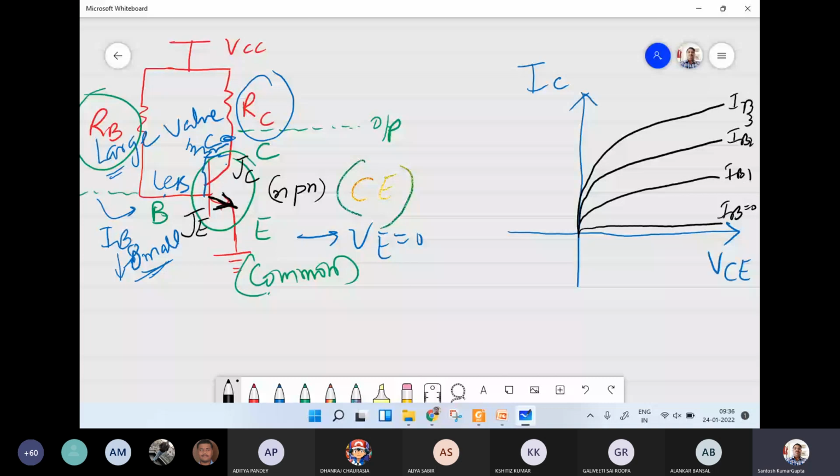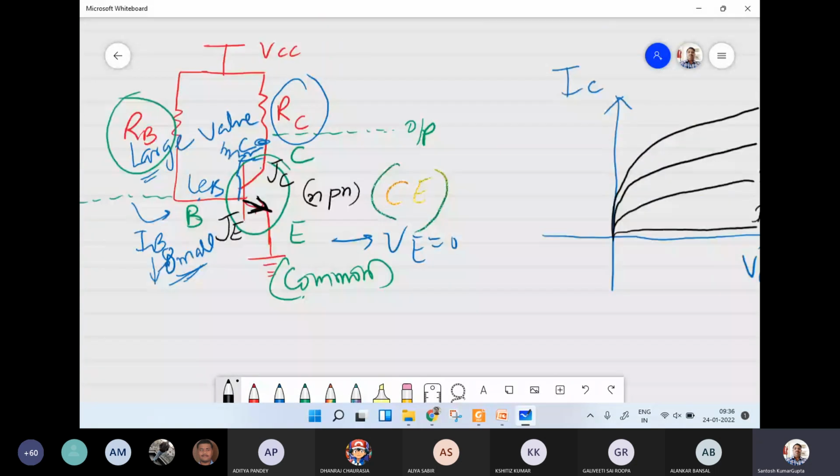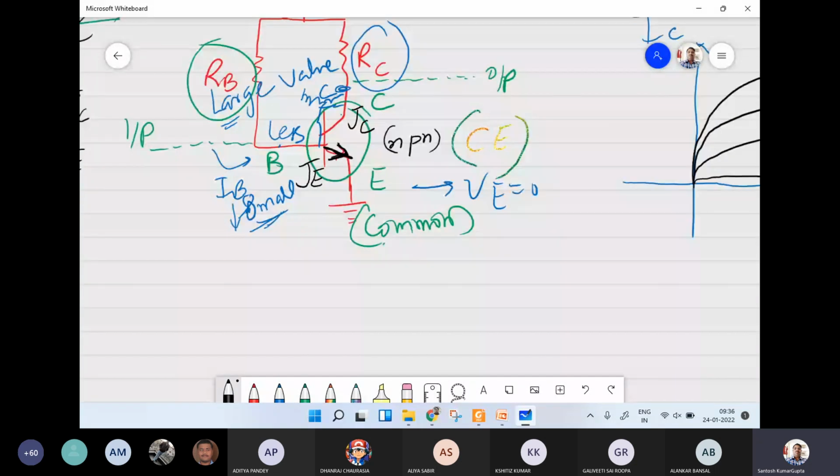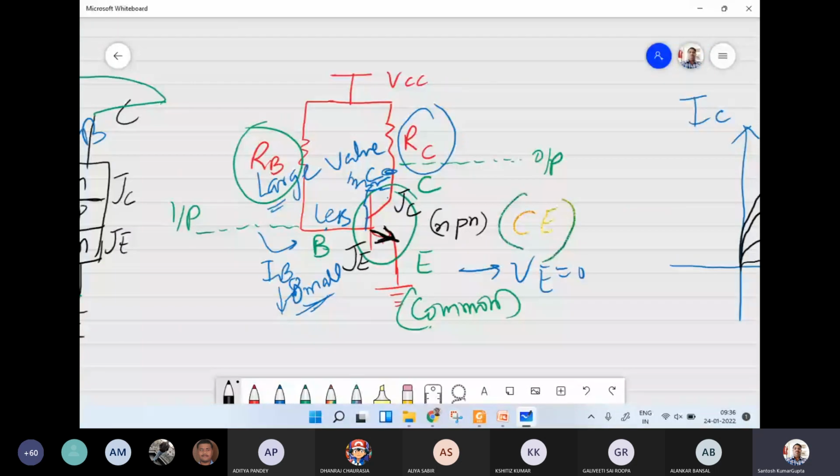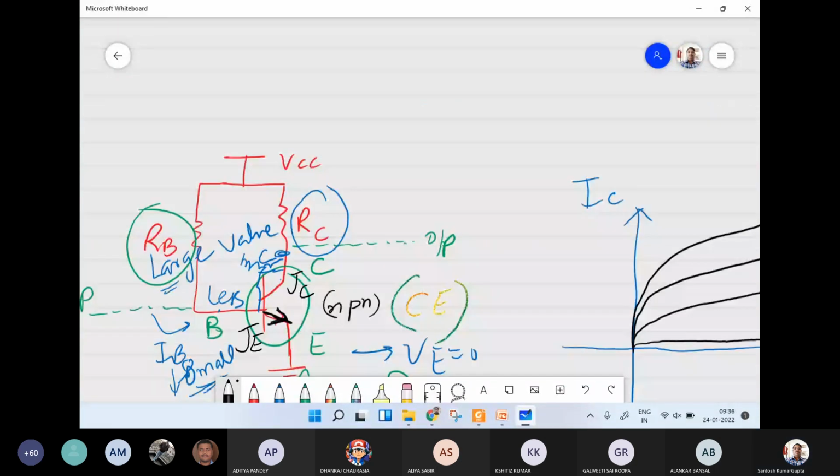Now, we have seen in the previous slide in the PPT that there is something called load line analysis. Let us look at what we mean by load line here.